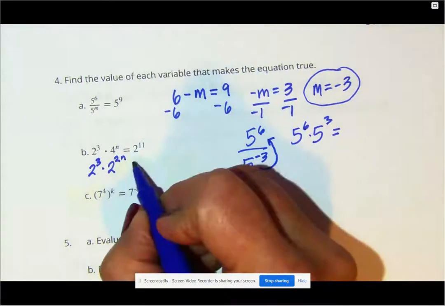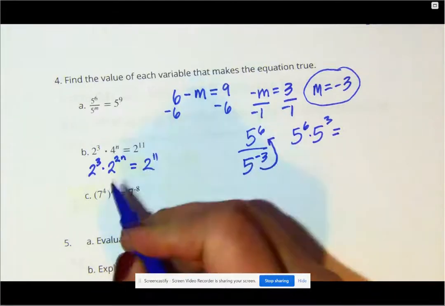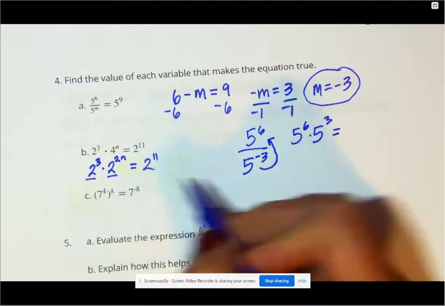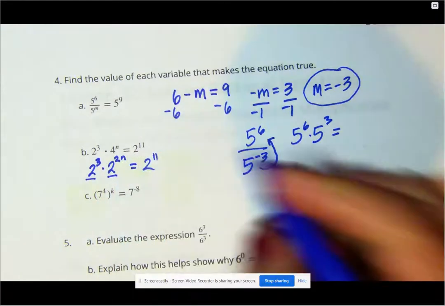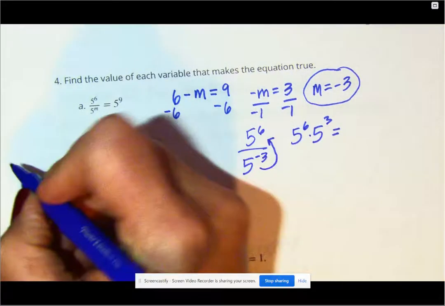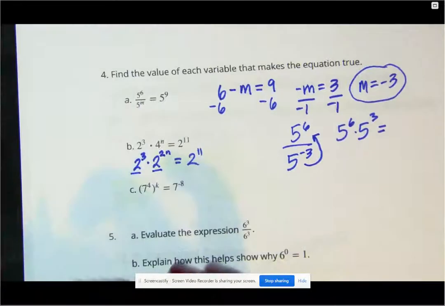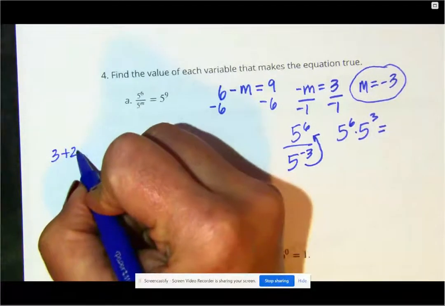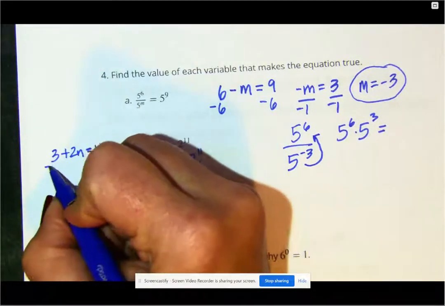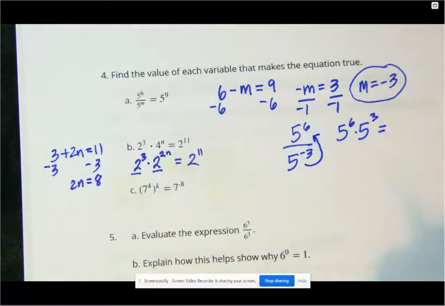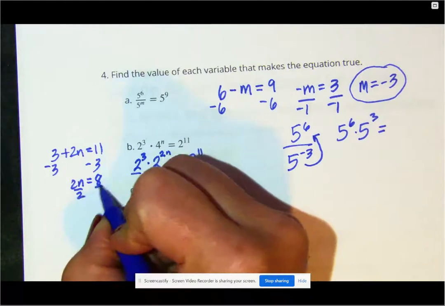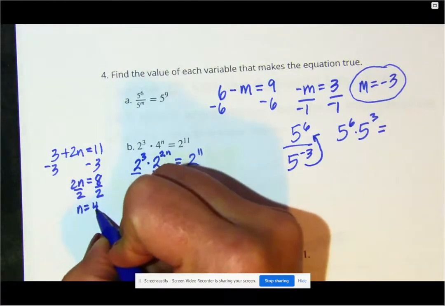Now, since the 2s are the same base, now I know 3 plus 2n equals 11. Let's create an equation. 3 plus 2n equals 11. Subtract 3. 2n has to make 8. N must be 4.